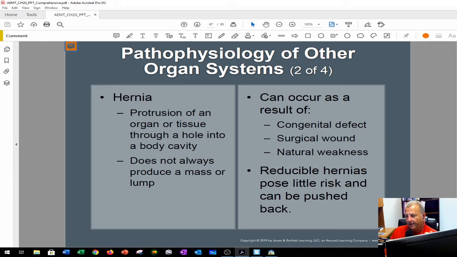And then we have the hernias. A hernia is a protrusion of an organ or tissue through a hole or opening into the body cavity, right? In men, abdominal navel type hernias are pretty common.